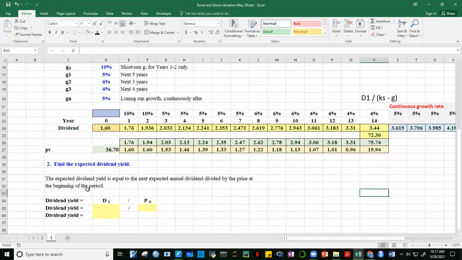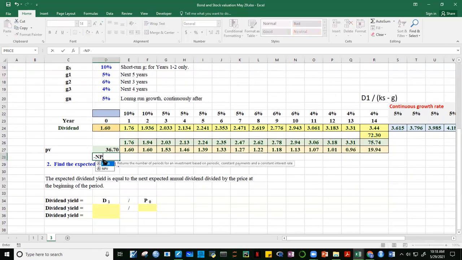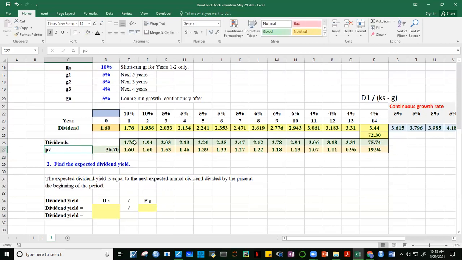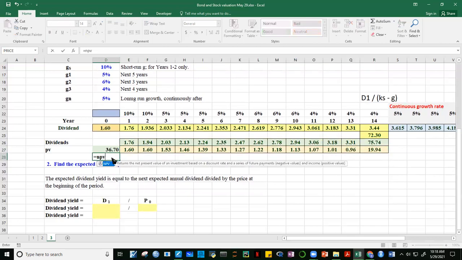Or, you know the NPV formula, the shortcut. We can use this because these are future cash flows. Where are our cash flows? Let me write here, dividends. These are our dividends, and these are their present values. But we can use the NPV function.